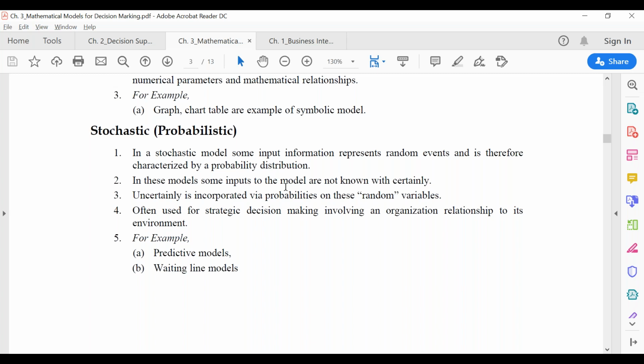In a stochastic model, some input information represents random events and is therefore characterized by a probability distribution, like whether the stock which I have purchased will inflate or will go down.